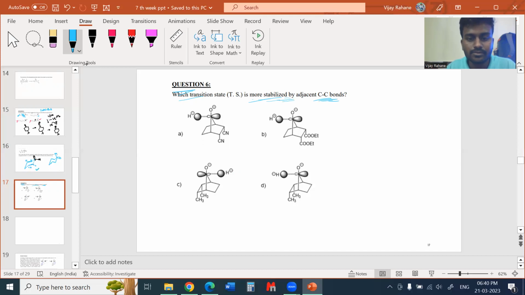Here they have given cyano, COET, methyl, and this one. Here the hydride, which is cis to this methyl, and here trans. This is the example of the Cieplak model.